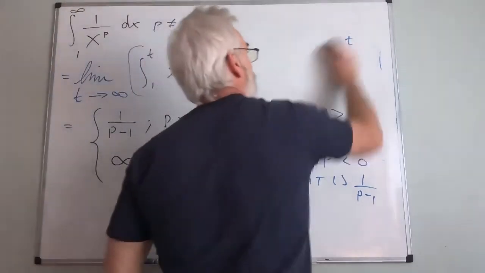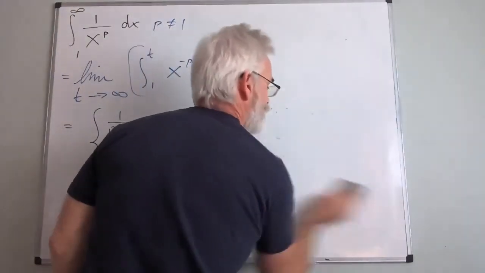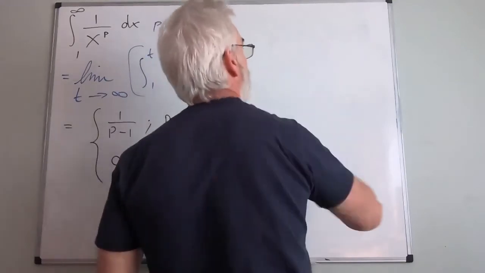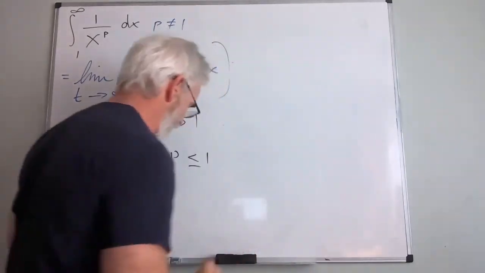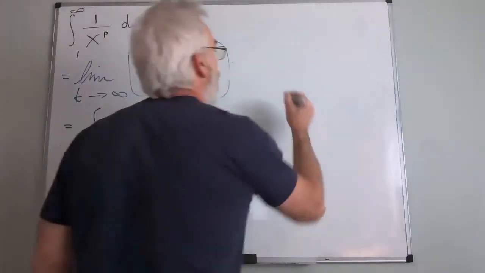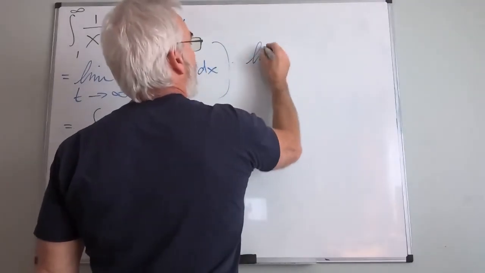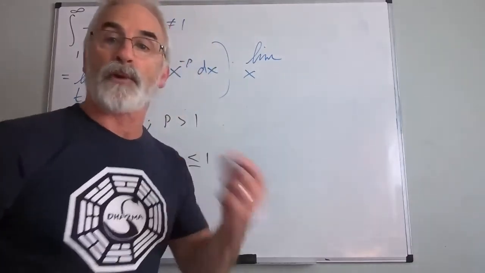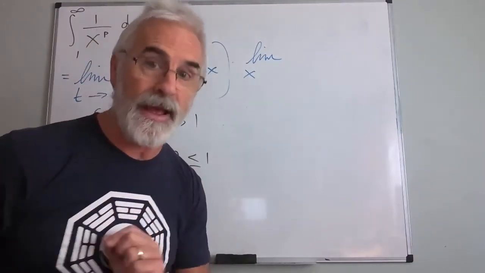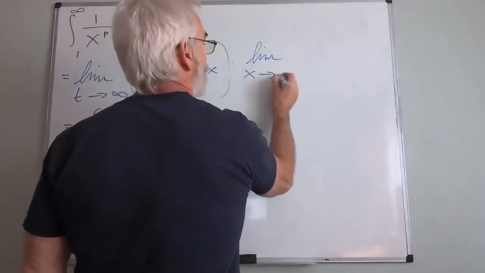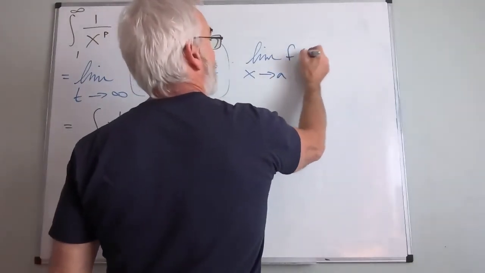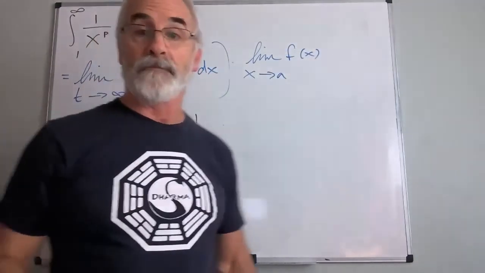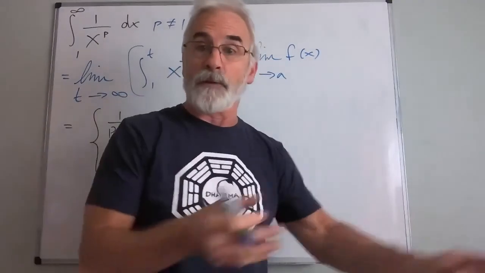Okay, now I used some words that I'm going to now use. We're now going to change the way we say things just a little bit, because we're going to expand our vocabulary. I've got the limit as x, and by the way, whether I'm approaching infinity or approaching a constant, it does not actually matter. So I'm just going to say the limit as x approaches a of f of x, and I'm going to allow a to be infinity, a for anything that I'm approaching.